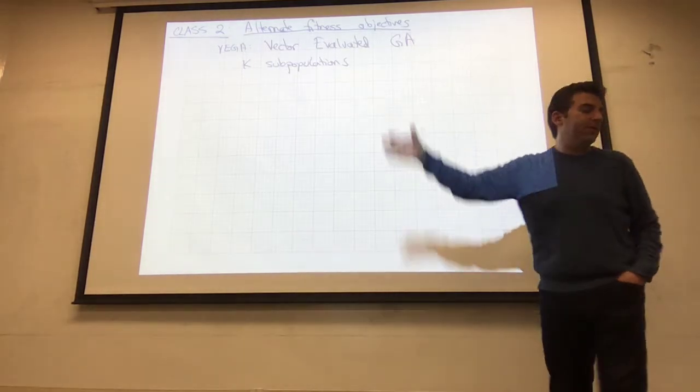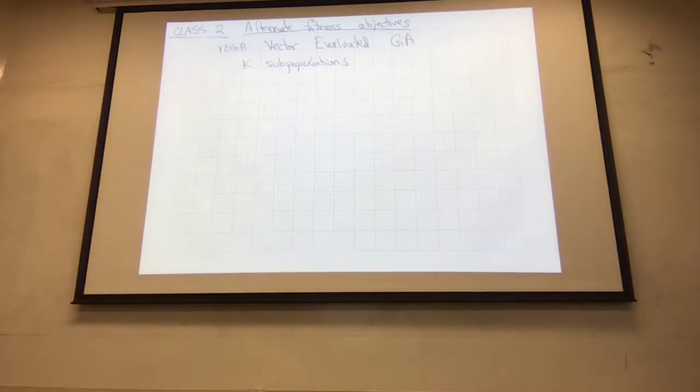Typically, the way this is implemented is you index your individuals, say x1 up through xn/k, all the way up to xn, where n is the population size.